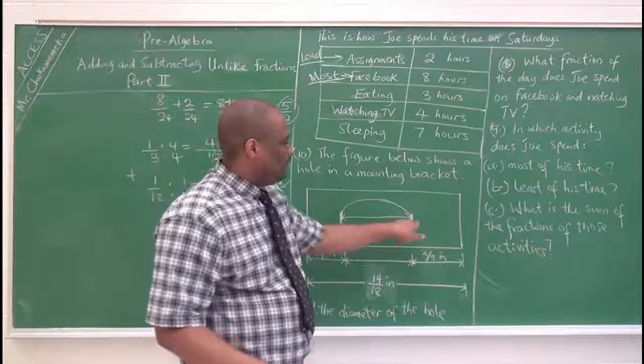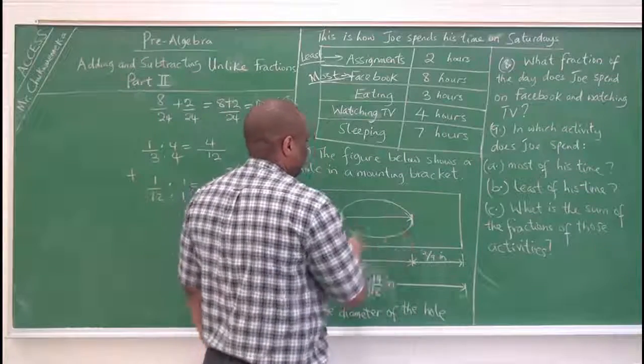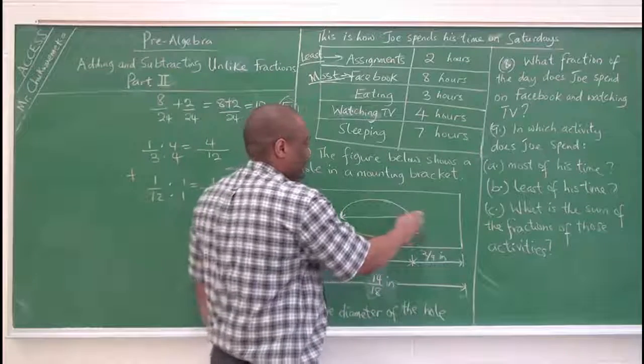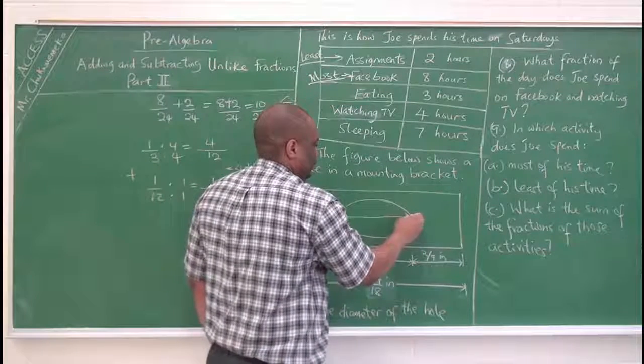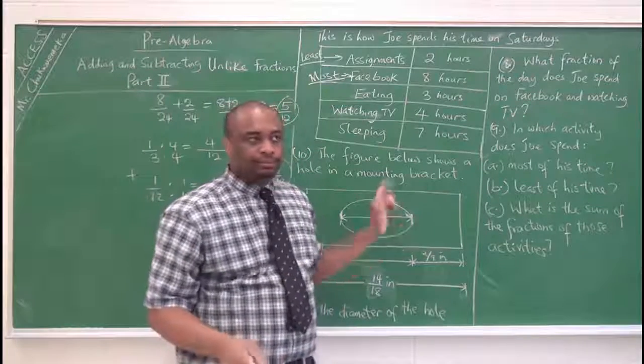The circumference is the entire distance round. The diameter is from one end of the circumference to another end, from one end of the circle to another end.